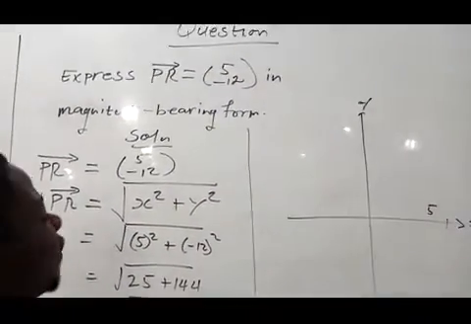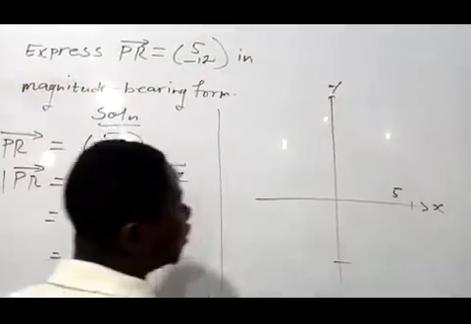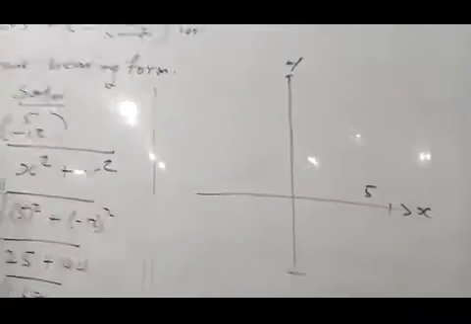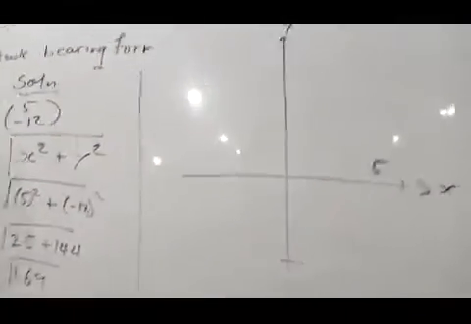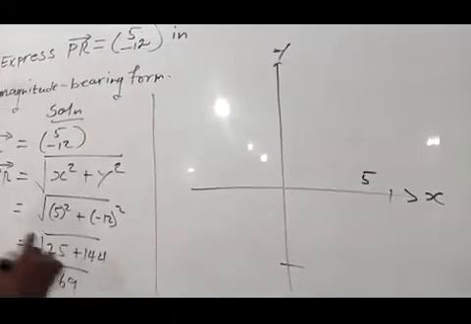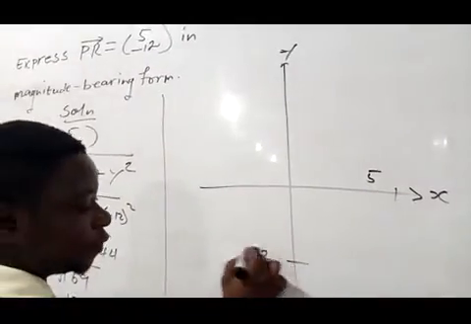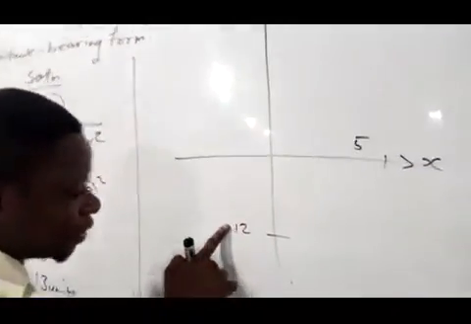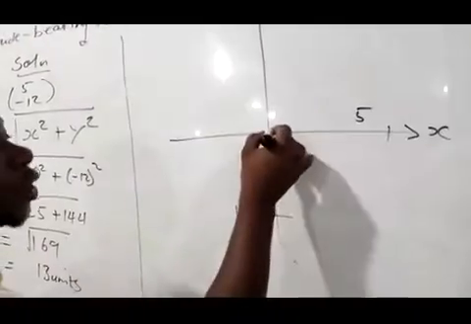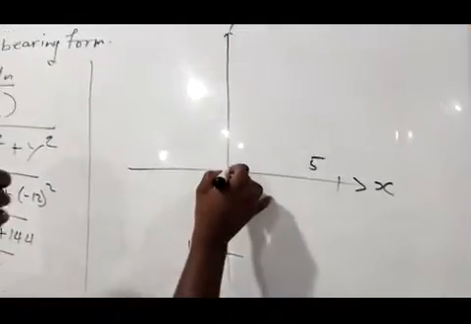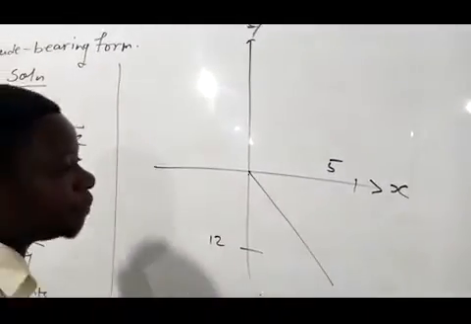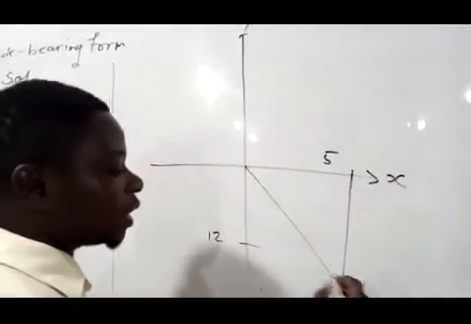Now the negative is not to be written on the Cartesian plane. It is only giving you the direction to which the y has to go. So the minus 12 is not going to be written as minus 12, but just positive 12. And since it is here and here, then the vector has to be in between both of them.